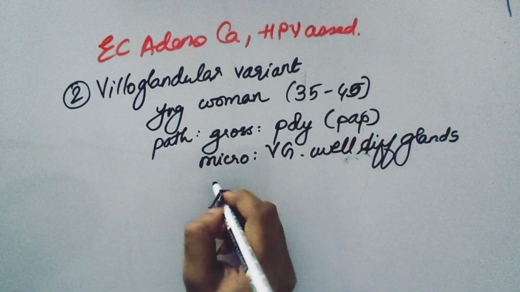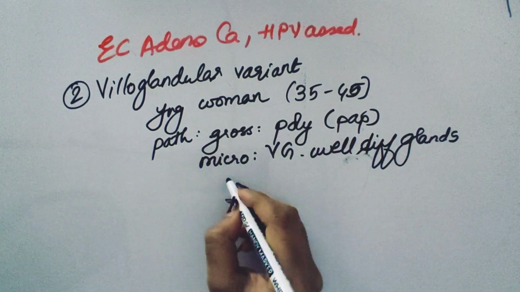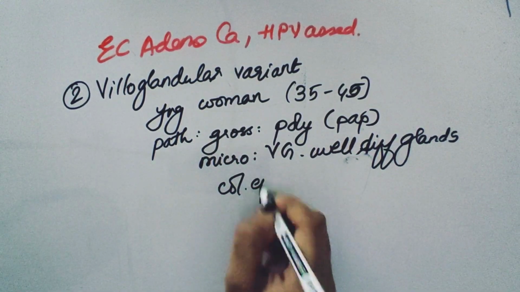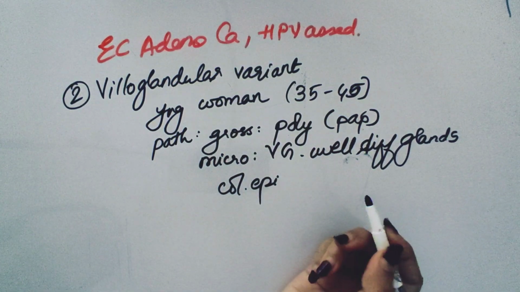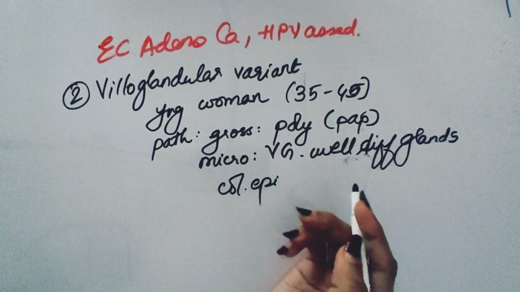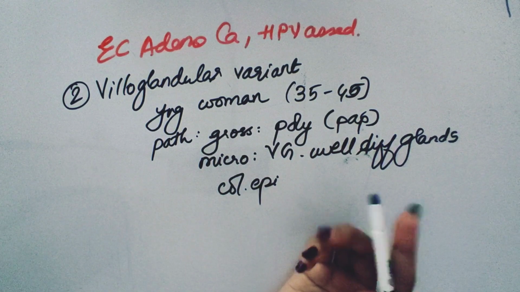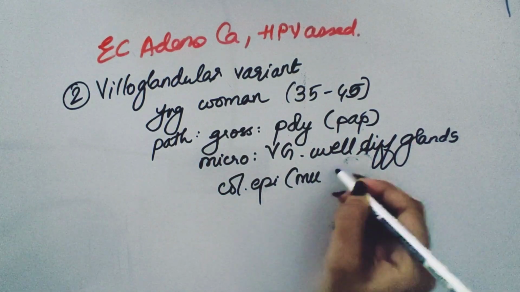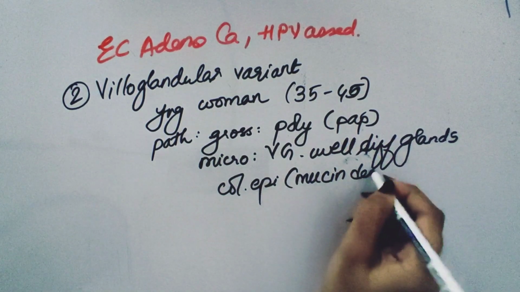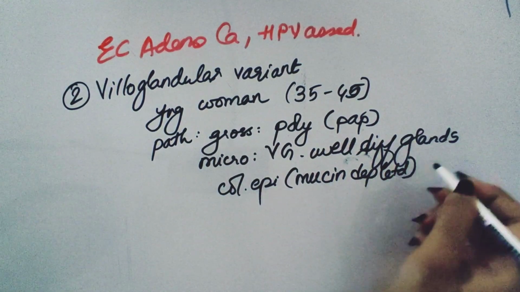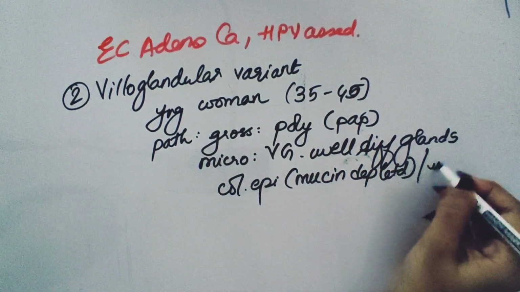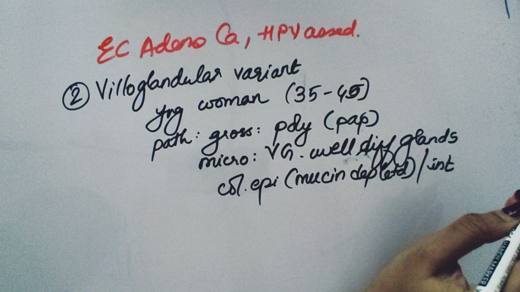And then it will be lined by usual endocervical or intestinal type of columnar epithelium. It can be endocervical, I said, because it is mucin depleted. You have to stress upon the usual type, and in villoglandular type it is mucin depleted because you have a mucinous type in the other one. So it can be either the mucin depleted columnar epithelium, or you can have an intestinal type of columnar epithelium.